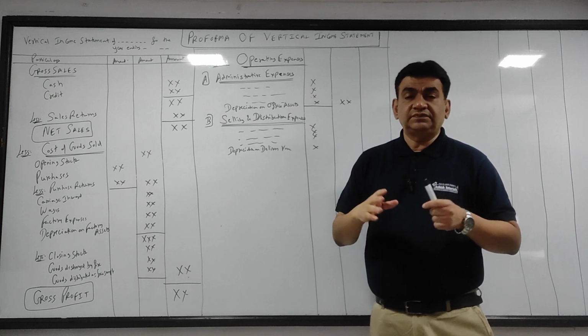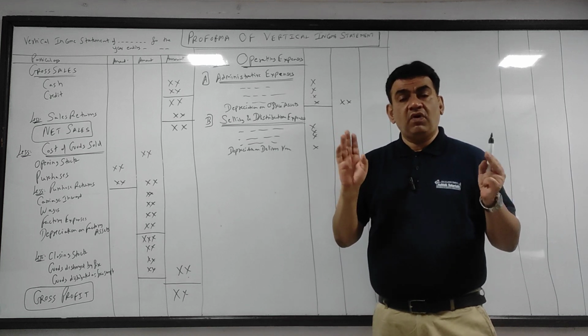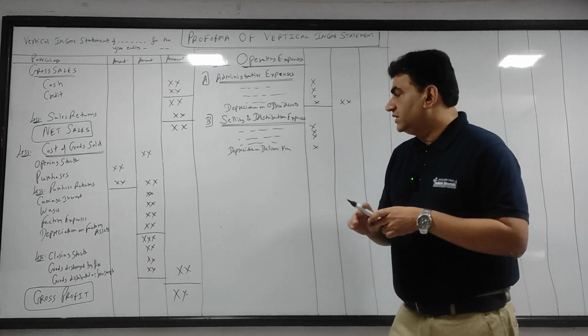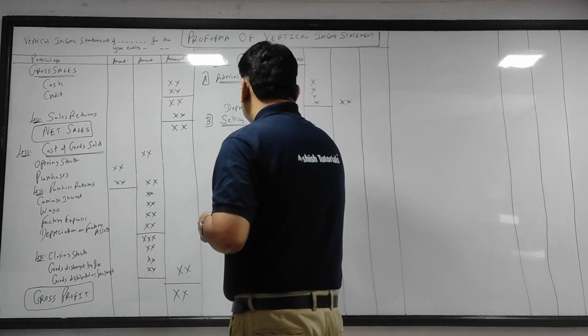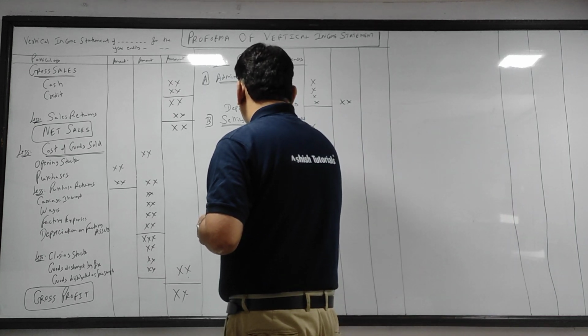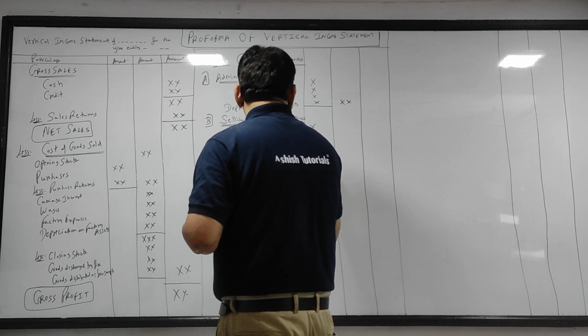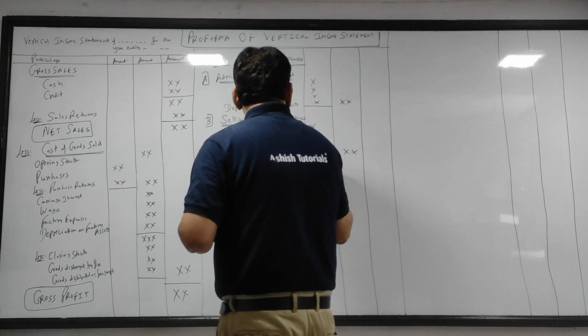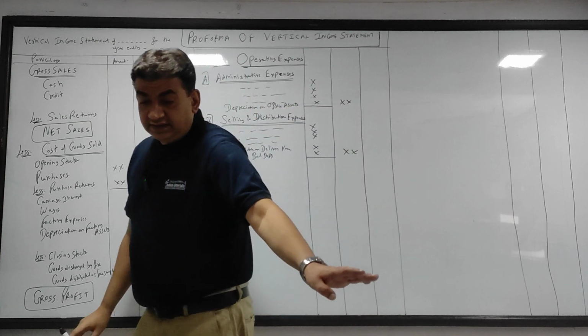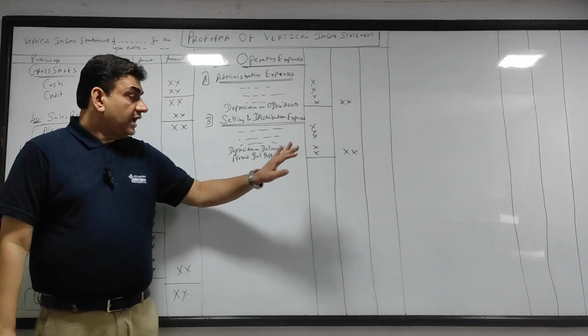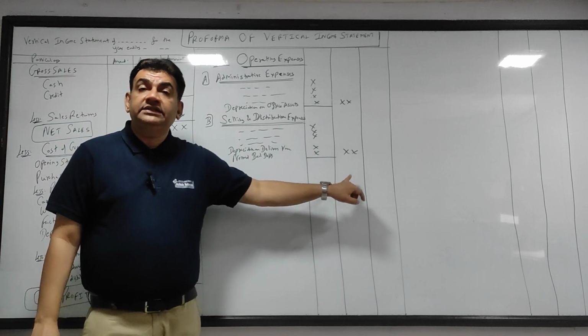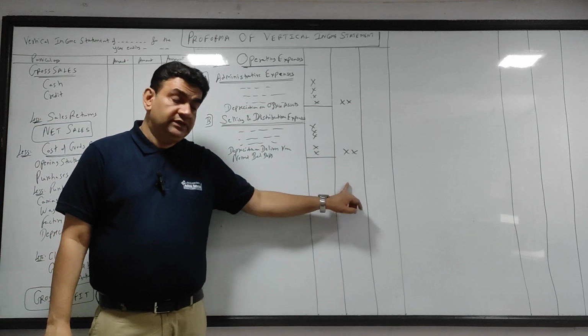If they give you only bad debts or normal bad debts, it will come here. So just for presentation, I will write here normal bad debts. Okay. After that, take the total and put it in the second column.